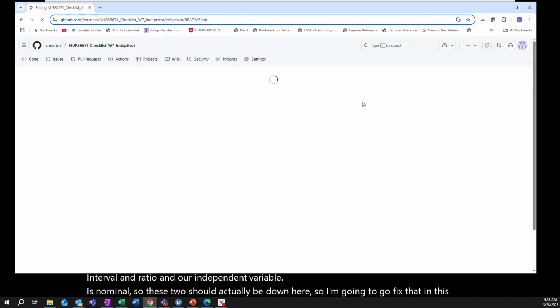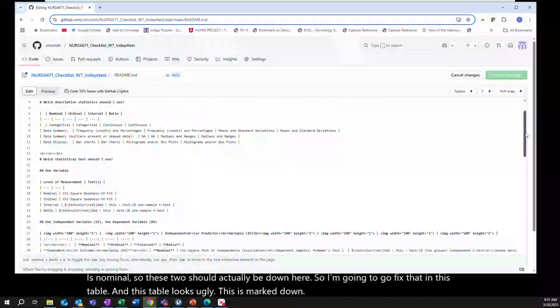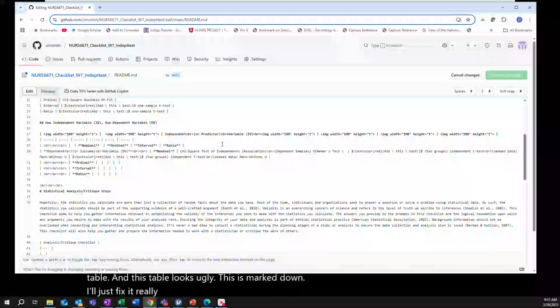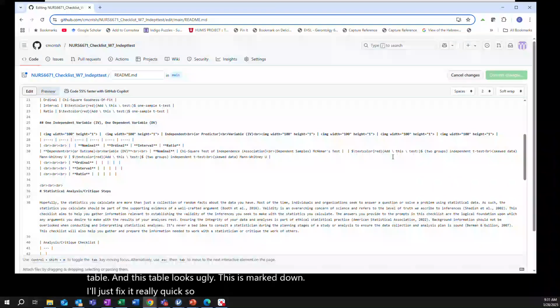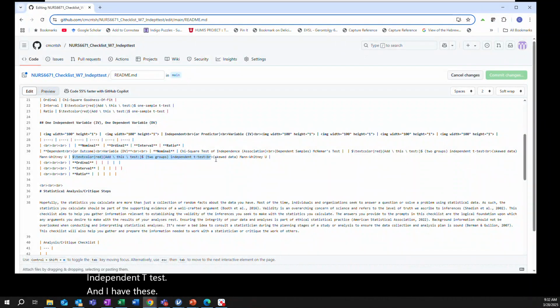And this table looks ugly. This is Markdown. But I'll just fix it really quick. So let's grab our independent t-test. And I have these color markers here to make it a little bit easier to read.